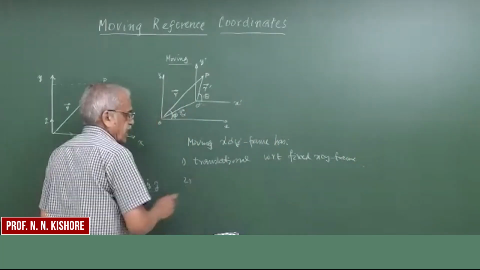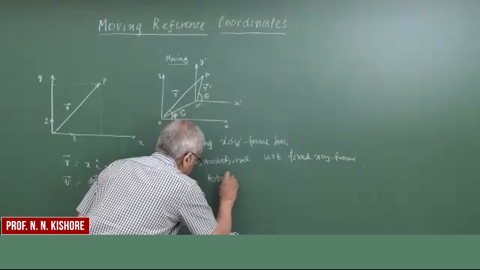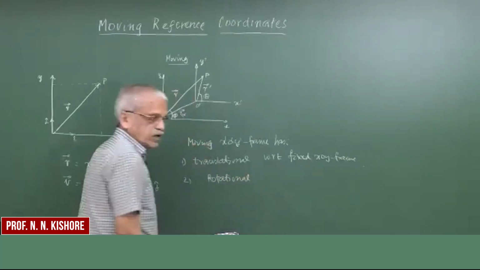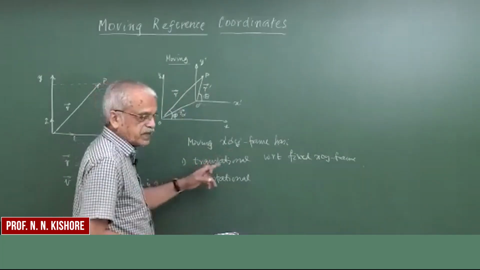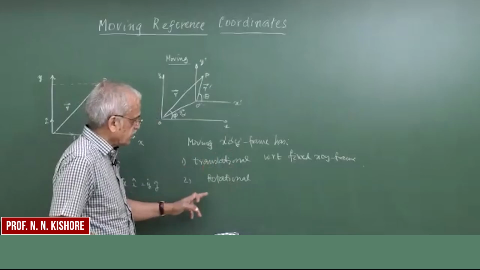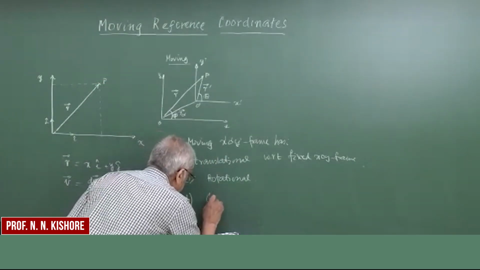And it may also have rotational. So this moving frame can fundamentally have two types: the translational, rotational, and general.